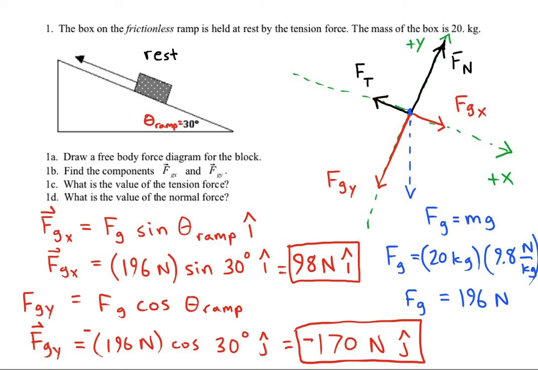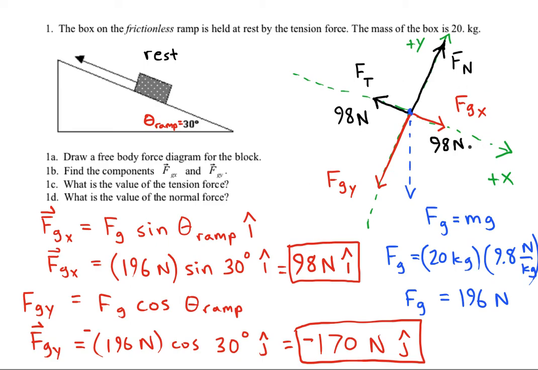Okay, so can we finally answer the last two questions? What's the value of the tension force and the normal force? Well, in order to achieve balance with the Fgx, which is 98 newtons, our force of tension also has to be 98 newtons.